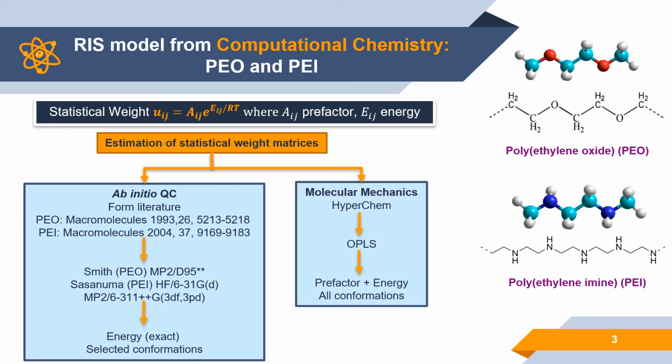The second approach is to construct the numeric 3x3 statistical weight matrix directly from the conformational energy map from molecular mechanics calculation of representative segment of polymer.